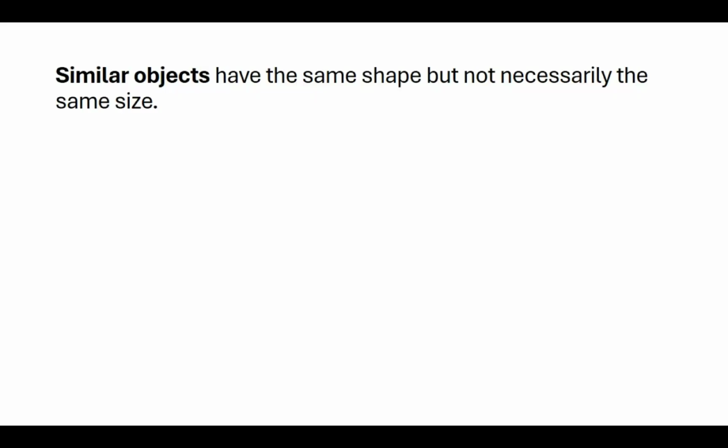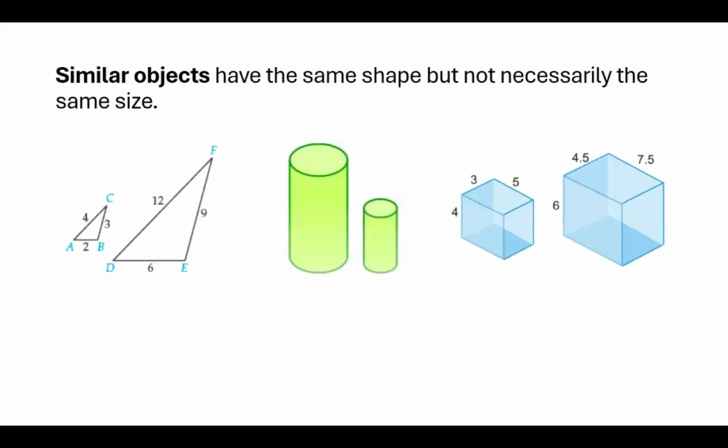Similar objects are objects that have the same shape, but not necessarily the same size. So they have to match almost everything, but the sizes might be different. Examples would be, as you could see on the left, a couple of triangles. If you notice, they're slanted in the same direction.